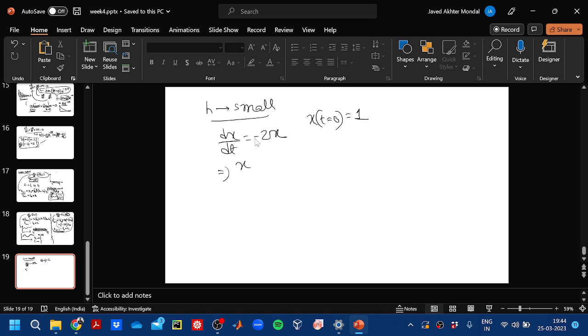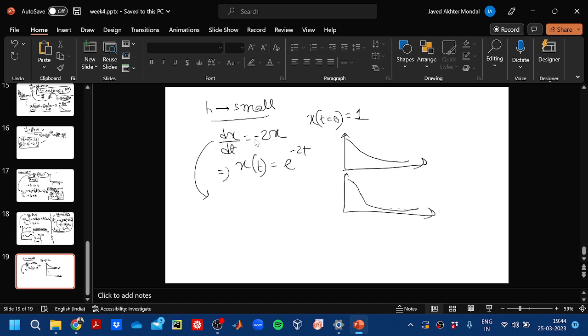Then the solution will be e to the power minus 2t, and if we plot this, we will get this exponential kind of fall. Now, if we do this with the help of the Euler update rule, we will get some discrete data points, and if we join them, suppose we get this curve. This is for some value of h.